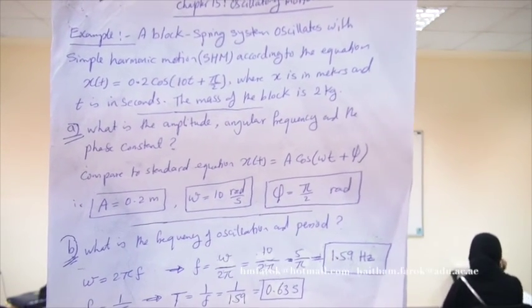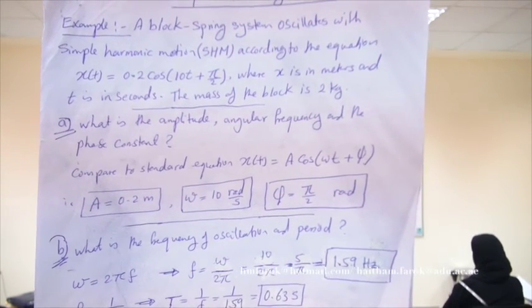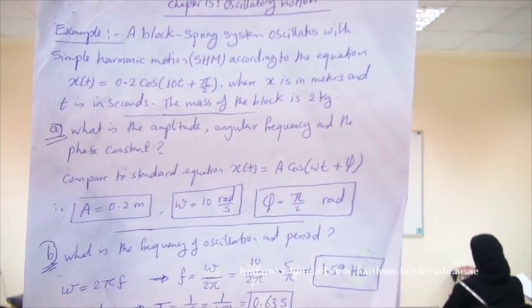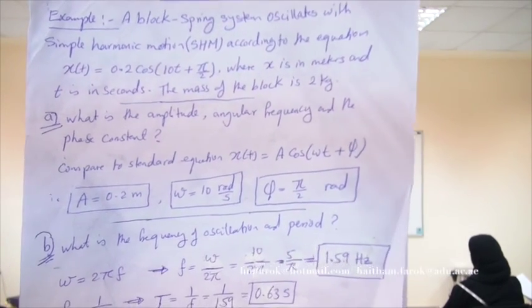Now, the mass of the block which oscillates is 2 kilograms. So the mass is given as well. And we have here a spring oscillating. Okay? Now, this is the example given.